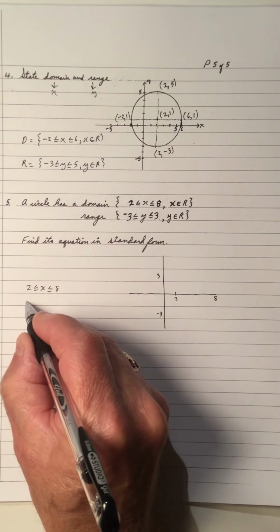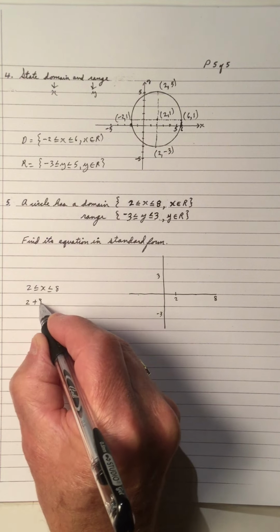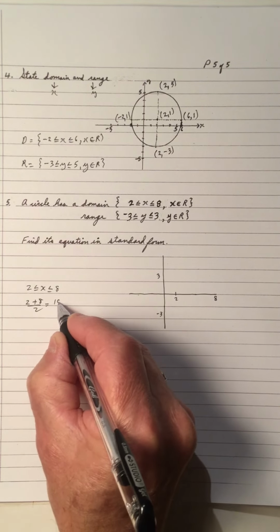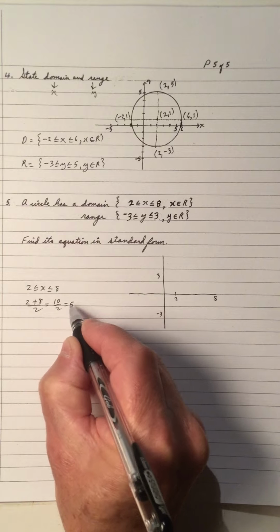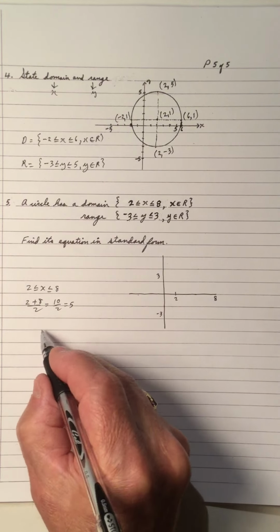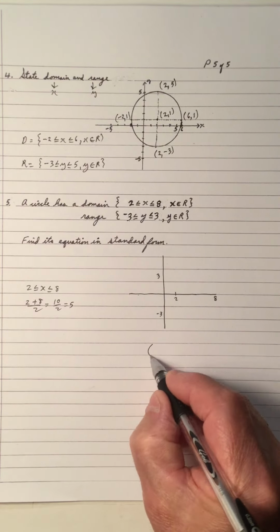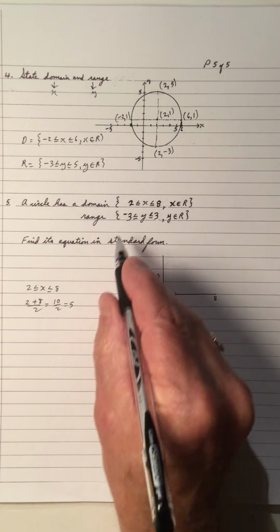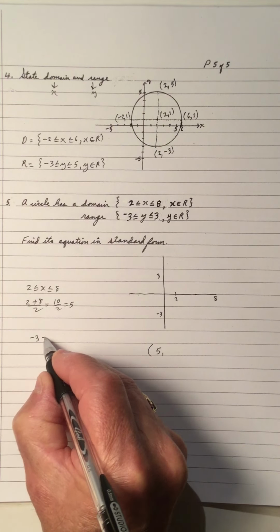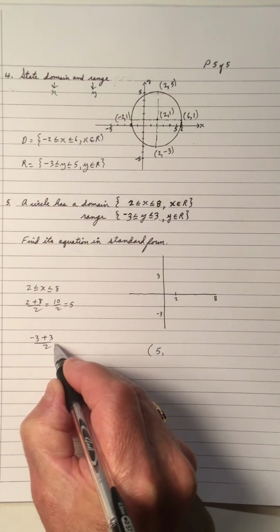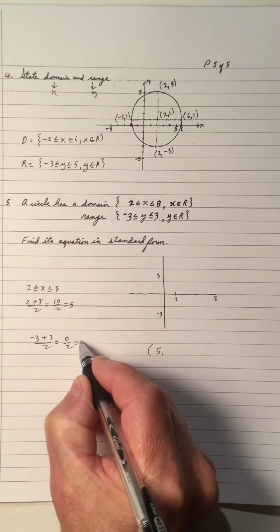and you take the middle of it, you take 2 plus 8 divided by 2, you get 10 over 2, 5. So the x-coordinate of the point is 5. If you take the range from a negative 3 to a 3, and you get the midpoint, you get a 0.